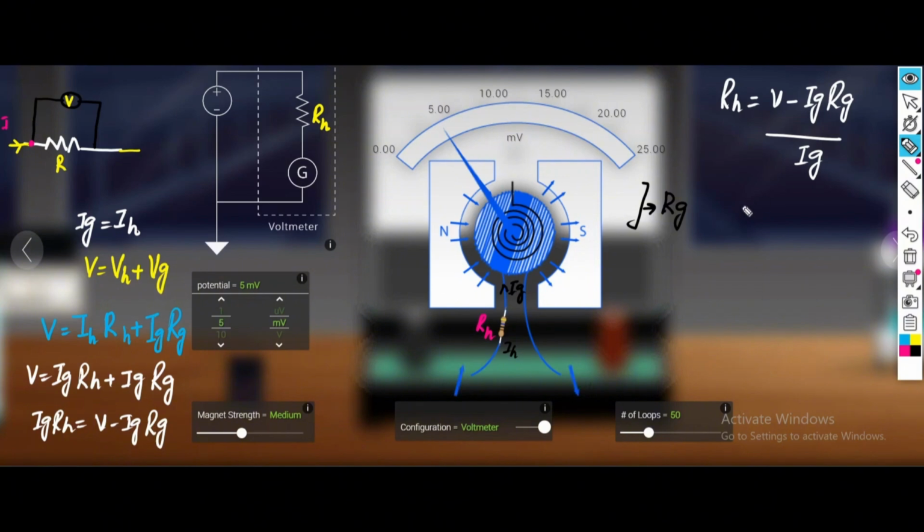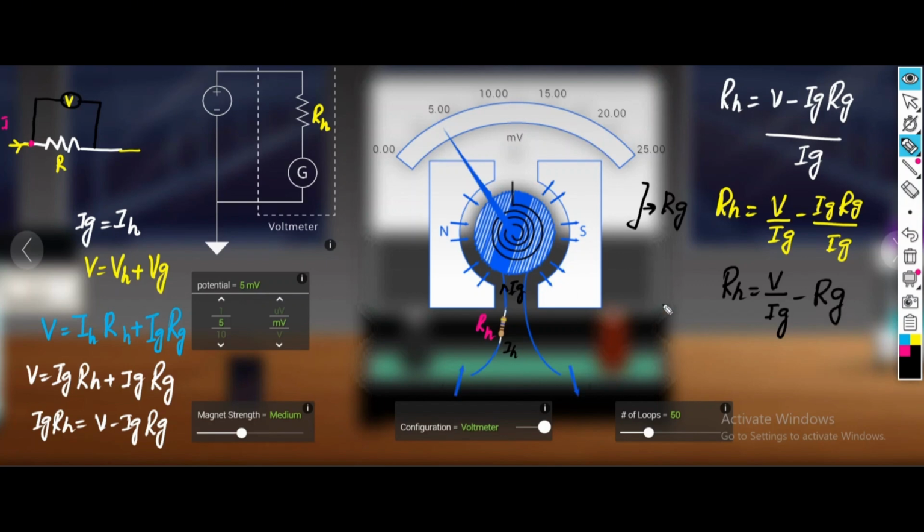We can further simplify this as RH equals V divided by IG minus IG RG divided by IG. The IG and IG cancel, and this becomes RH equals V divided by IG minus RG.